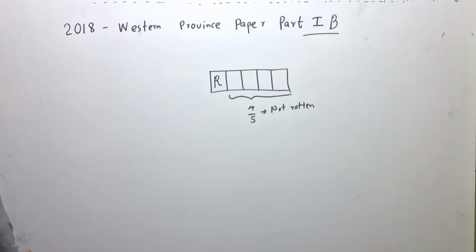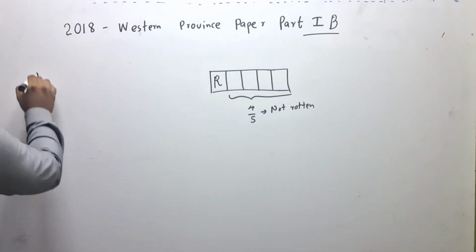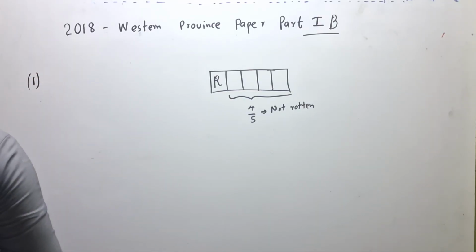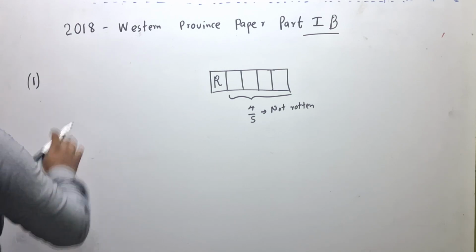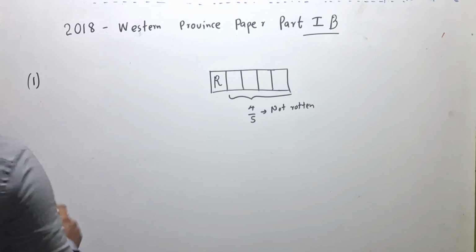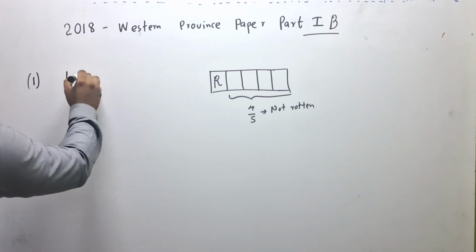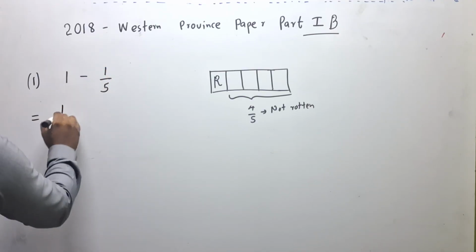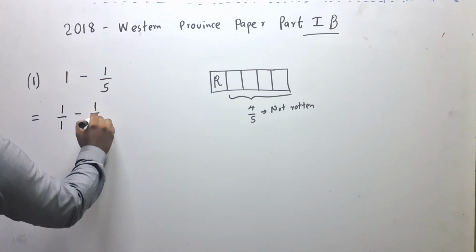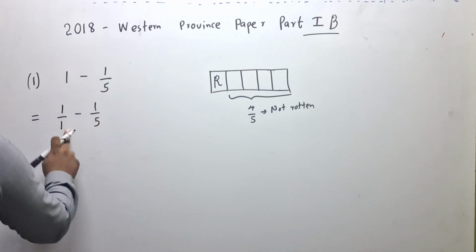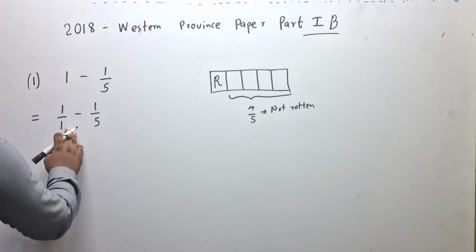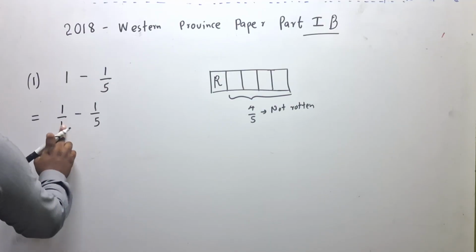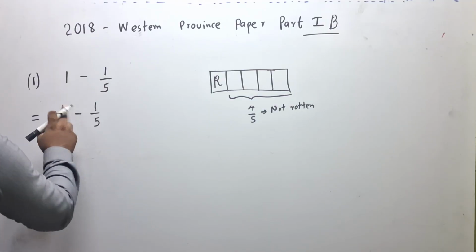So how to get that value from a fraction method? 1 minus 1 over 5. This one is 1 over 1 minus 1 over 5. 1 over 1 can be converted into an equivalent fraction. 1 times 5, 5. 1 times 5, 5.